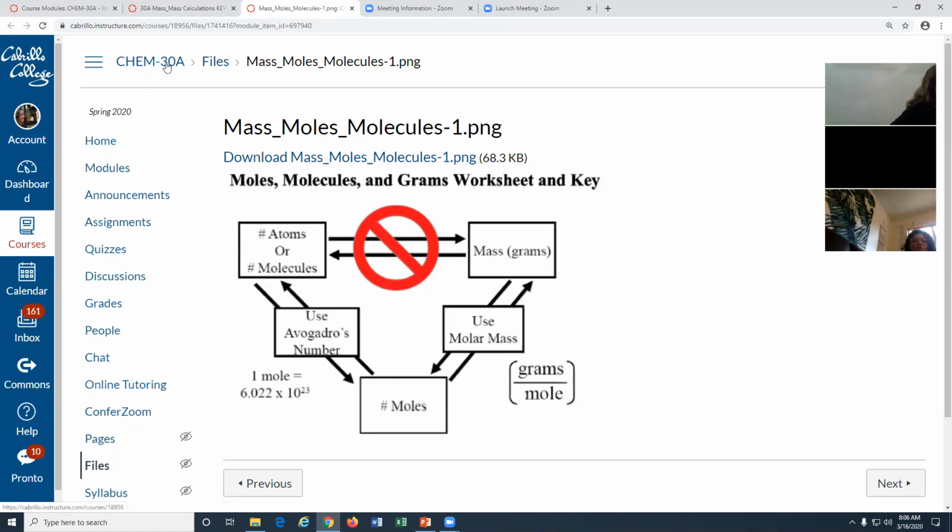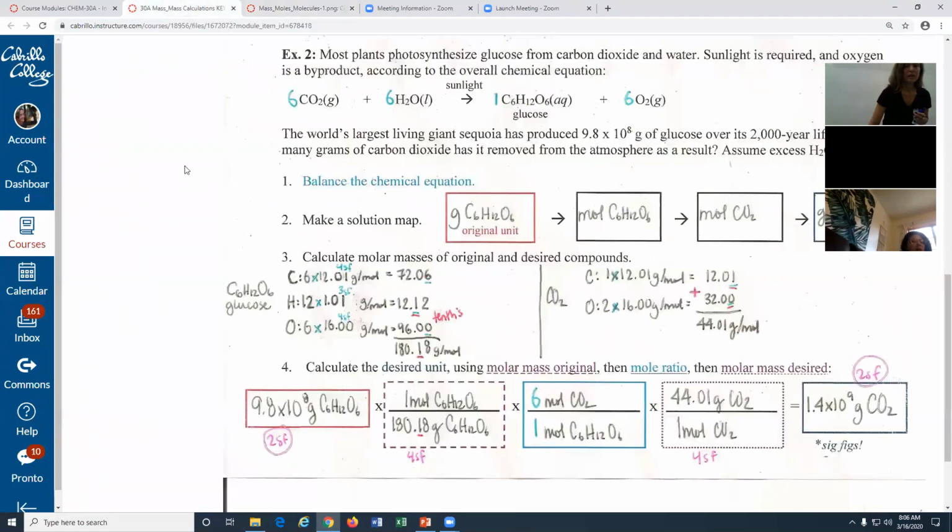Do we need Avogadro's number when we're just going from grams of reactant to grams of product or vice versa?